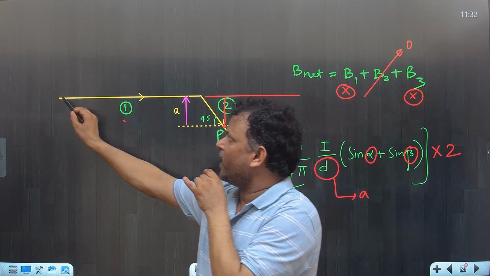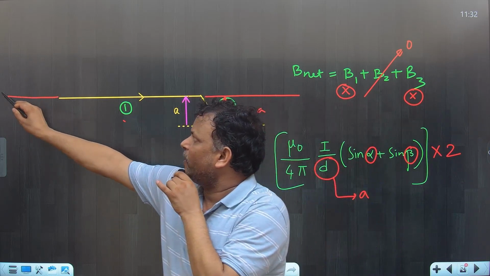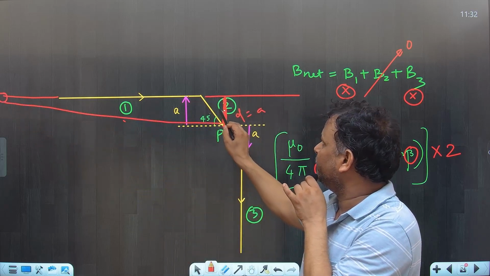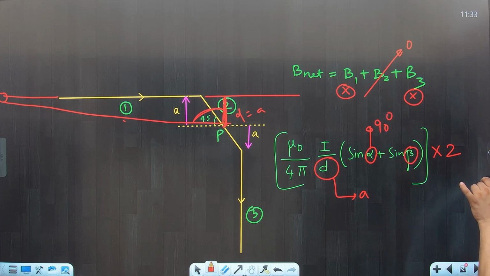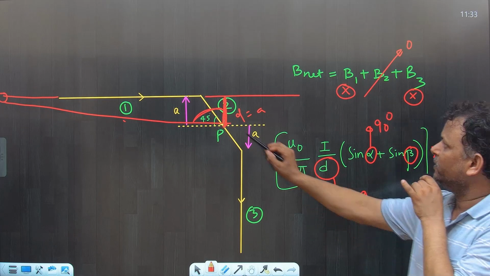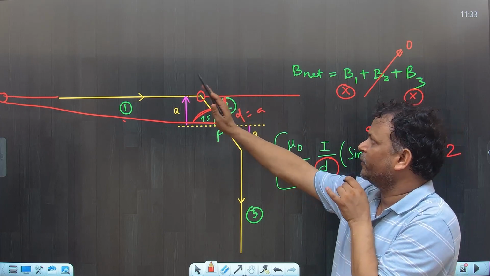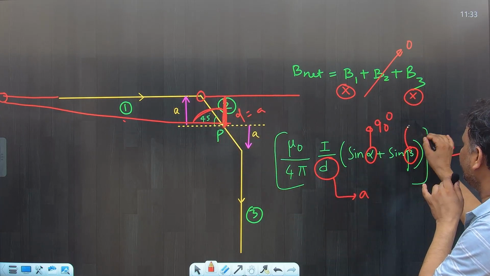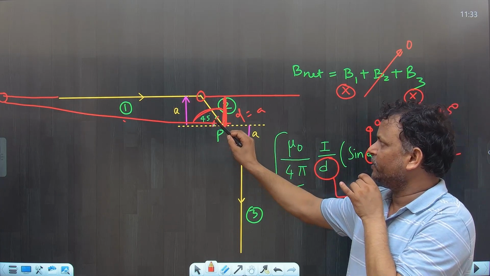This end of the wire is making an angle of 90 degrees with the perpendicular, so alpha is 90 degrees, and this end of the wire should be on the other side, but it is on the same side, so it will be taken as negative, so it is minus 45 degrees. Already it is given that this angle is 45 degrees.